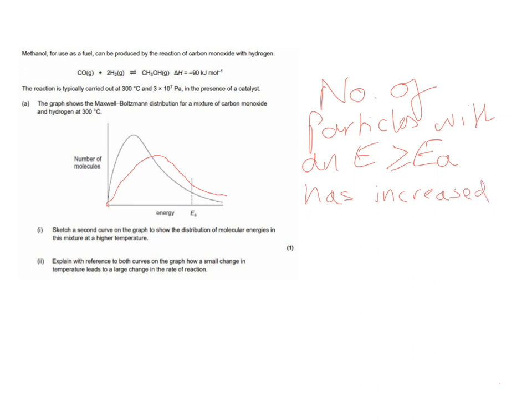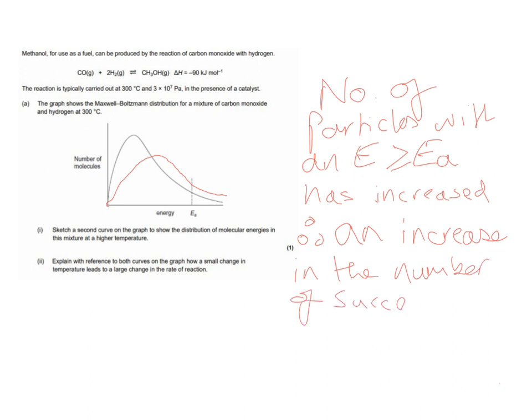Therefore, there is a large increase in the number of successful collisions per unit of time. Therefore, an increase in the number of successful collisions per second as a unit time.